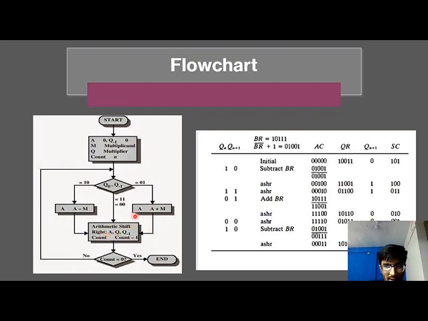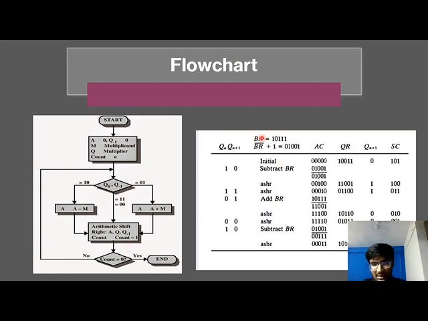If it is 1 0, then we subtract M from A, and then do an arithmetic shift right of A, Q and Qn plus 1. If it is 1 1 or 0 0, we directly do an arithmetic shift right of A, Q and Qn plus 1. We do this until the sequence counter is 0.